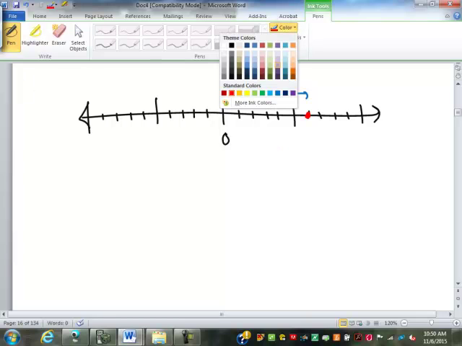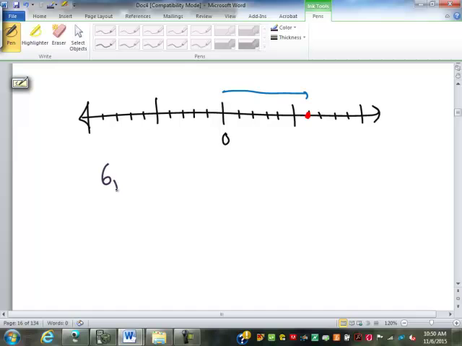Well, most of the time when we're working with numbers, it's not just a single value that's important to us. It's a pair of values. For example, instead of just 6, I might want to represent 6 and 2 together. And it is very important that which one comes first is important.